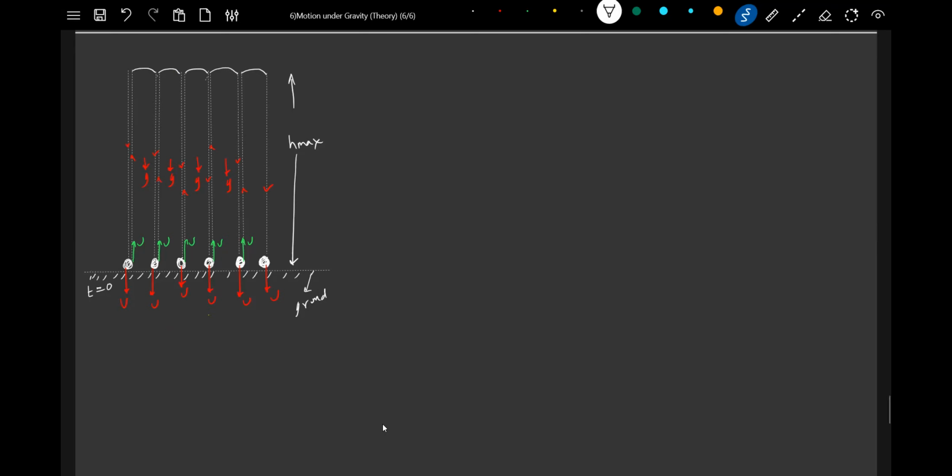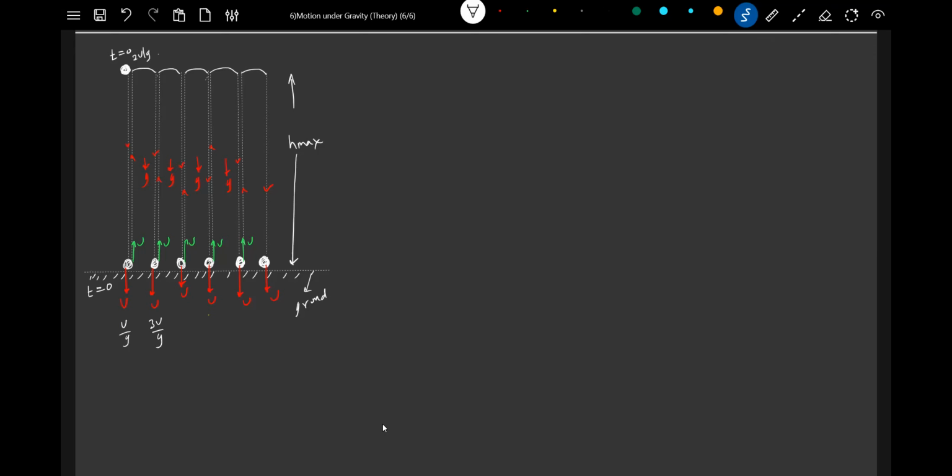Here the ball will be projected from a certain height. It will come and strike the ground, u by g. It will ascend here to u by g. Then 3u by g.